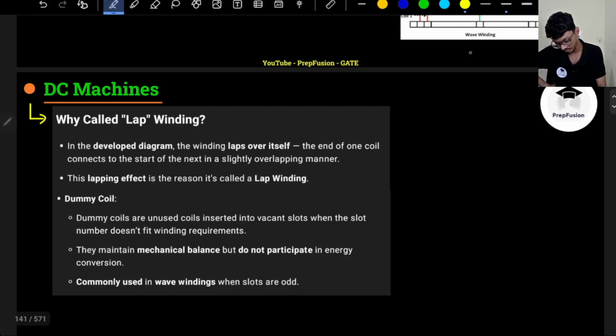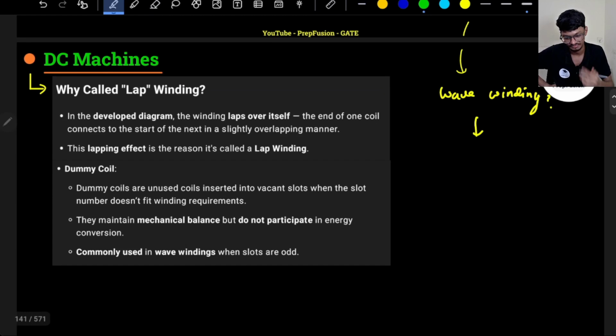And as it is like a wave, that's why it is called a wave winding. Why is it called a wave winding? Because the winding diagram is just like a wave, that's it.